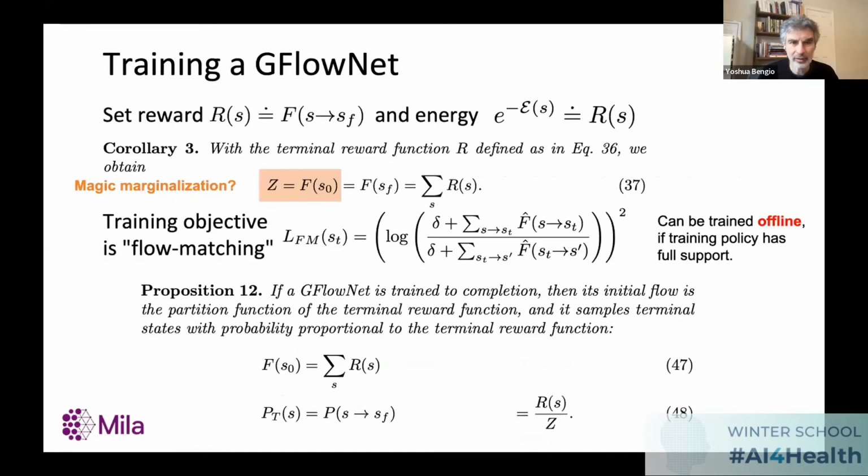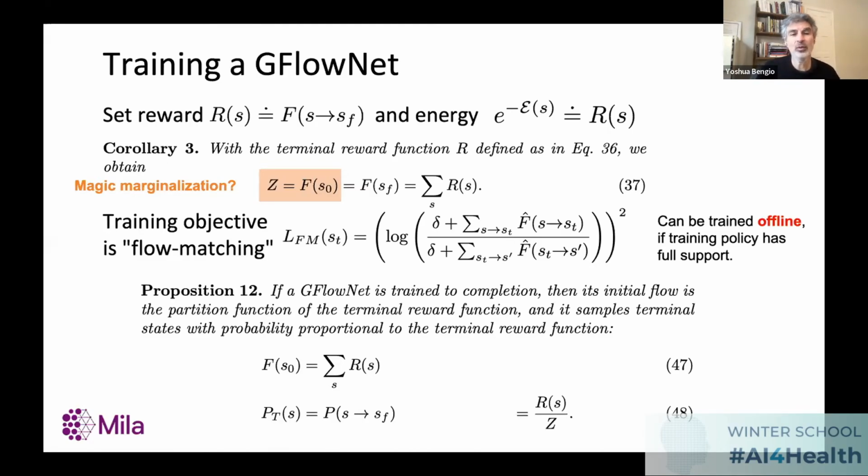I'm not going to go through the math of this, but what we can prove is basically that there are many actually loss functions that we can define that, given a trajectory and given the reward that we get at the end, if we minimize that loss function along those trajectories and we sample a lot of trajectories and we minimize in average across all these trajectories, then we converge, if we have enough capacity in the neural net, to a policy that is the one we want.